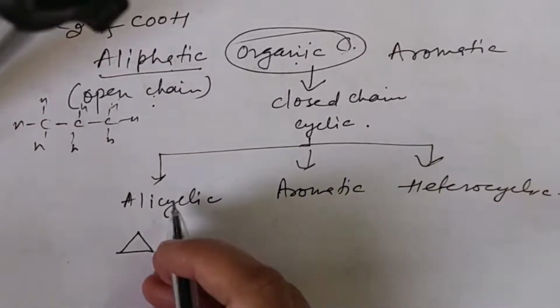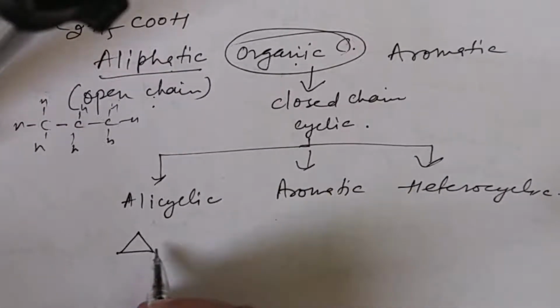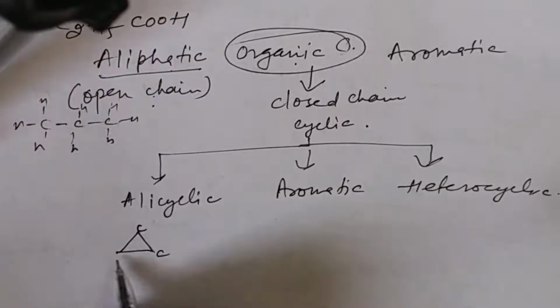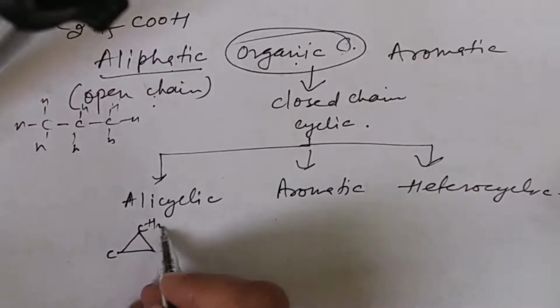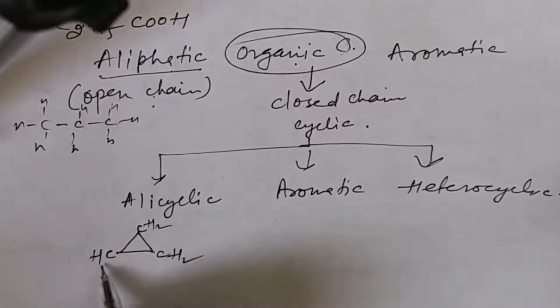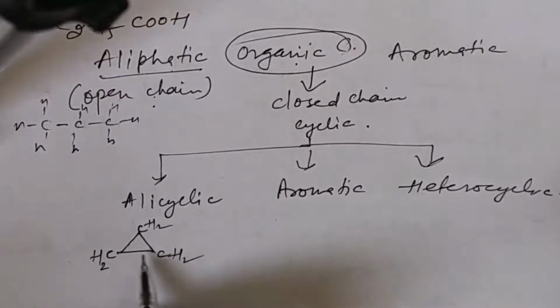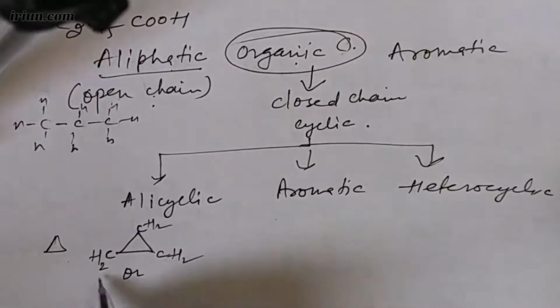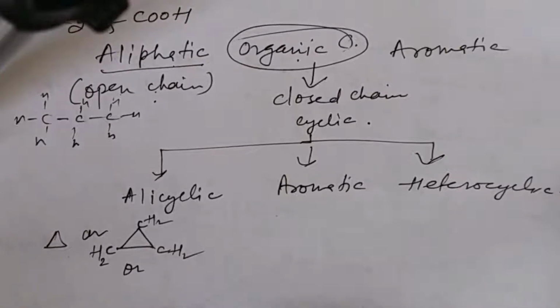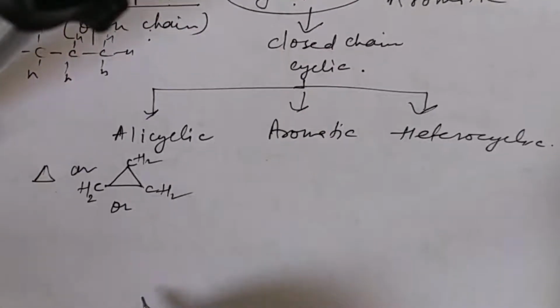What is this compound? The corners represent carbon, and completing the valencies of each carbon with hydrogen atoms, it must have CH2, CH2, CH2 bonding, so it can be represented in a triangular form. Okay, this is the bond line representation. It can be represented in the condensed formula, the bond line representation, or in the form of a structural formula where you show it with the help of covalent bonds.